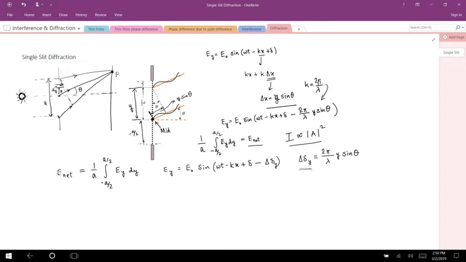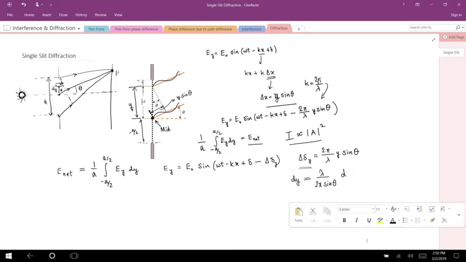In order to do that, we have to change a couple of things. First, we have to change our integral measure, the differential dy. So let's evaluate what dy is. dy is going to be equal to lambda over 2 pi sine theta multiplied by d delta delta of y.